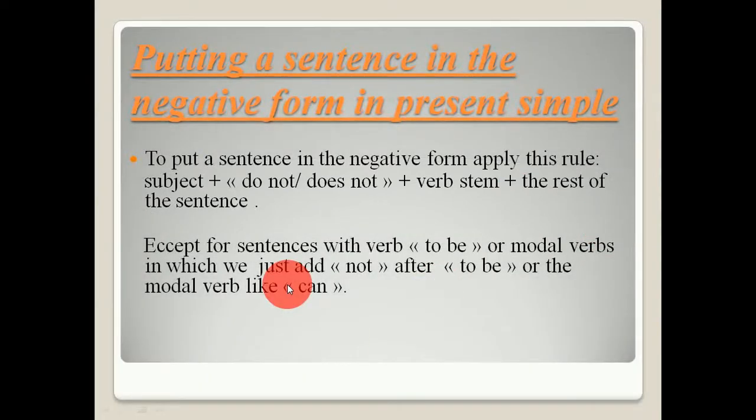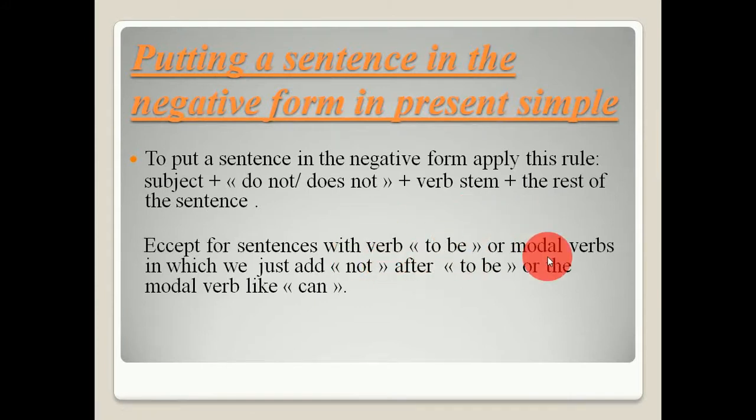There is an exception. ما نطبقوش القاعدة هذه ديما. نطبقوها إلا في حالتين. So except for sentences with verb to be. إذا لقيت الجملة فيها the verb to be. So we said that when it is alone in the sentence we call it a verb.